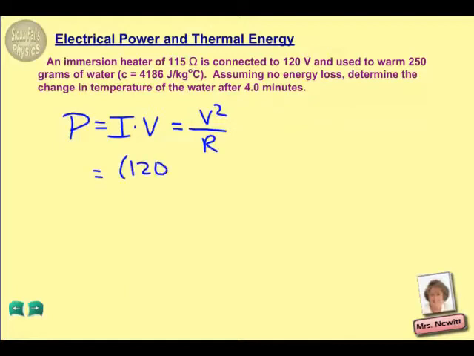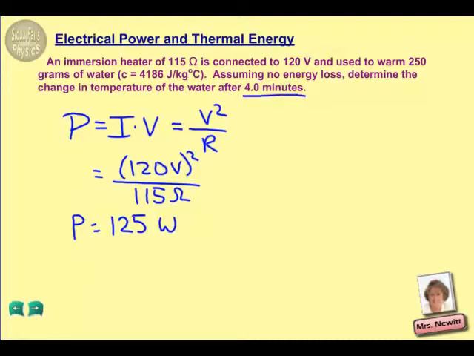In this case, that's 120 volts. The resistance value is 115 ohms, and so the power of the immersion heater then is 125 watts.